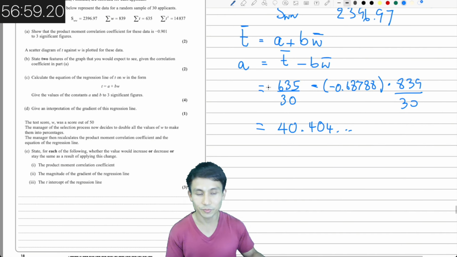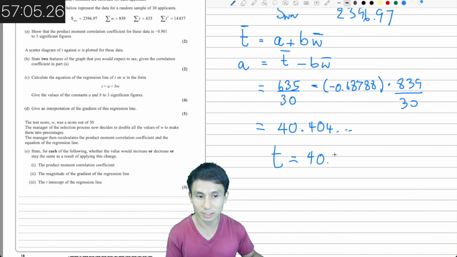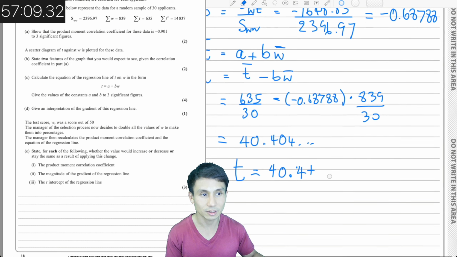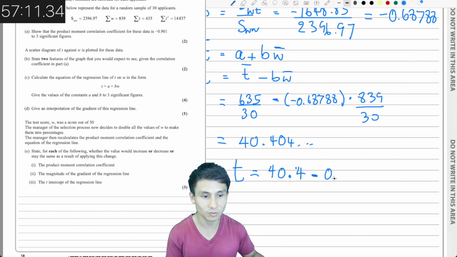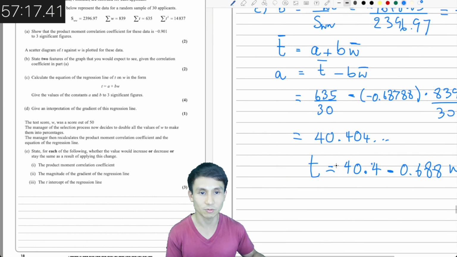So the regression line equation is T equals 40.4, it does say 3 significant figures, minus 0.688 W. That's the regression line equation.